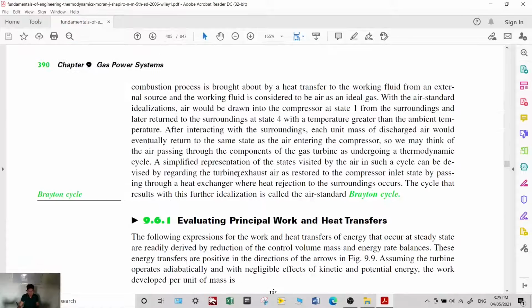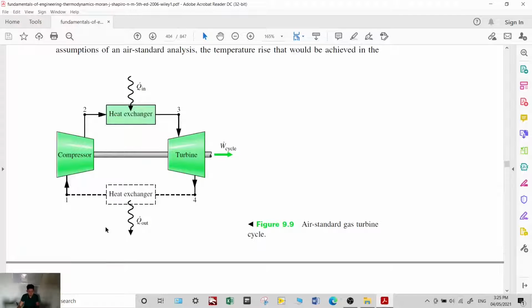The main processes involve compressing the air from state 1 to state 2, so the pressure and temperature of the air increases as it is compressed. Then from process 2 to 3, there is heat transfer from an external source, which replaces the combustion process.